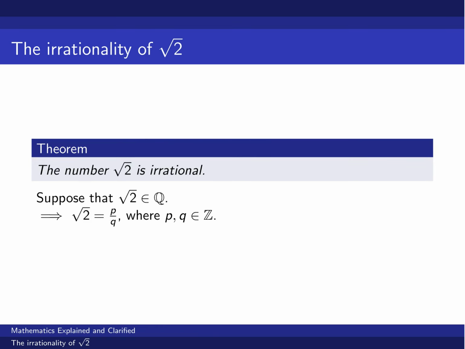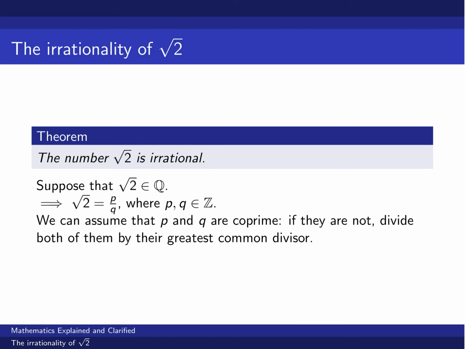Now, by definition of rational numbers, that means that it can be expressed as a ratio of two integer numbers, p and q. Notice that we can assume that p and q are coprime, because if they are not coprime, then we can divide both of them by their greatest common divisor.